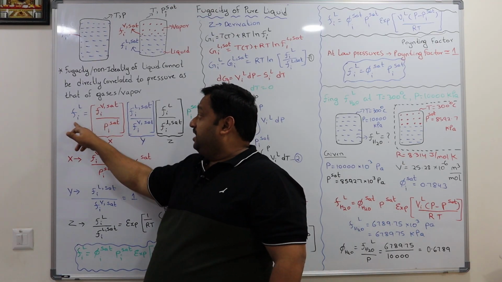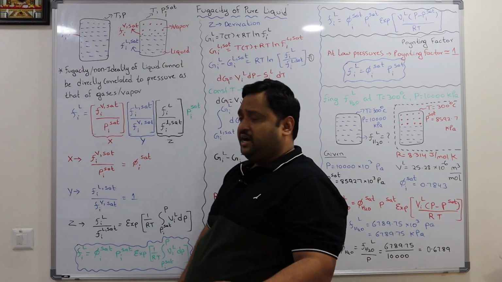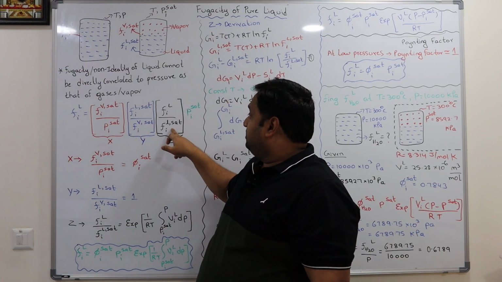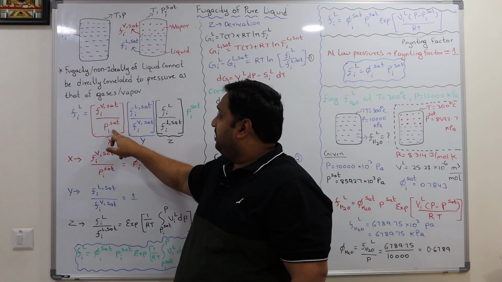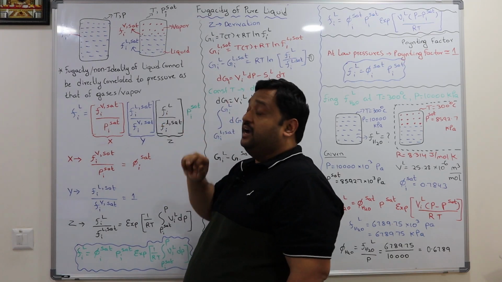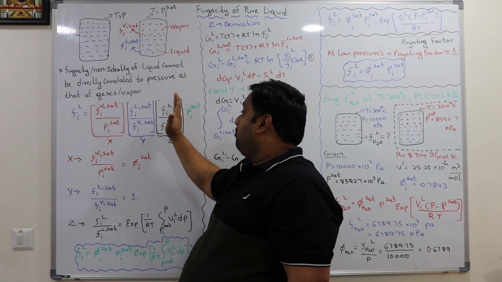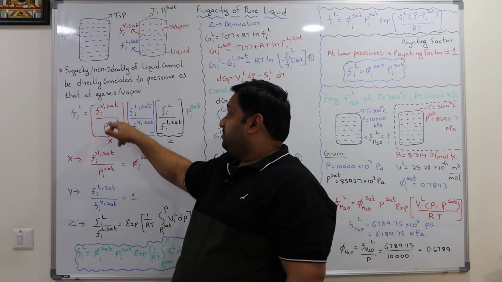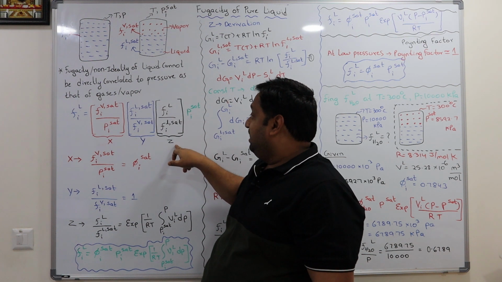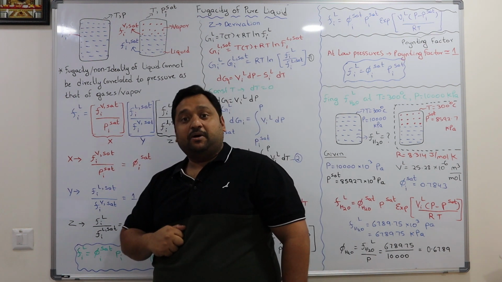I am rewriting this as the combination of these four terms, and it is very simple. This term cancels out, this term cancels out, this P_i^sat cancels out. Finally, you will get the fugacity of the liquid at the end. So let us rewrite this fugacity of the liquid in four different parts: the first part is X, the second part is Y, the third part is Z, and the fourth part is P_i^sat. Let us evaluate each and every part.